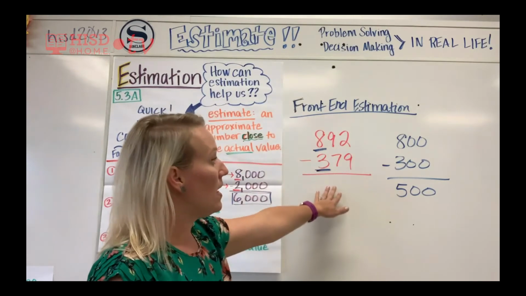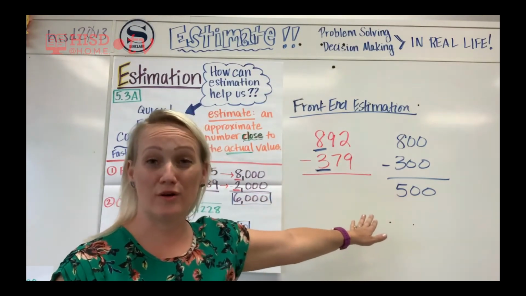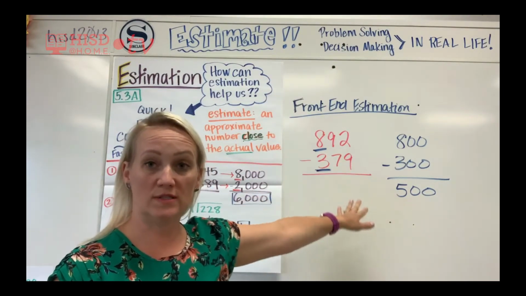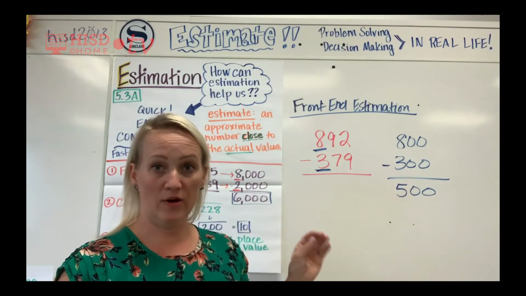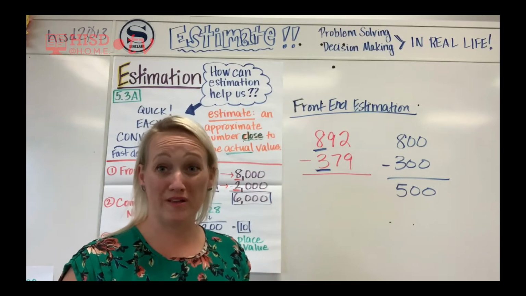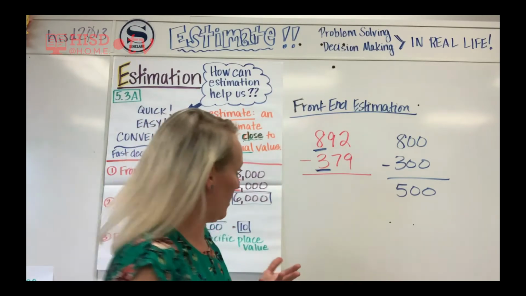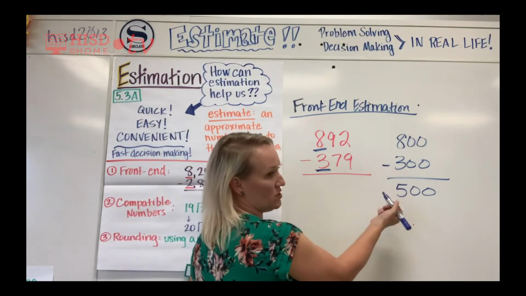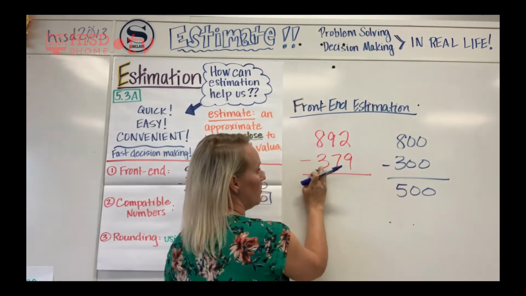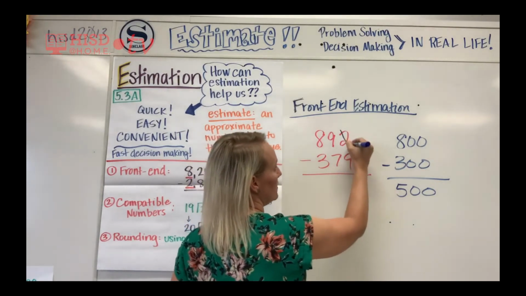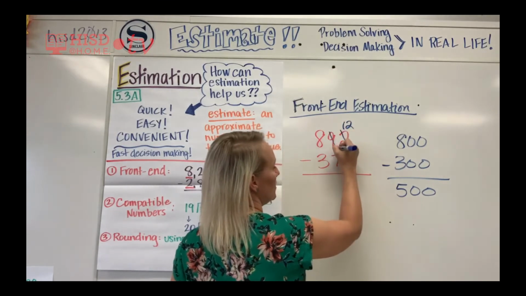You can go and do this to see how close your estimate was. Front end estimation is the quickest one because you're only worried about one number. But let's try to get the actual answer to see how close we got. So we're gonna subtract the exact number now. 2 minus 9, you can't do that, so I have to borrow and turn this into a 12.